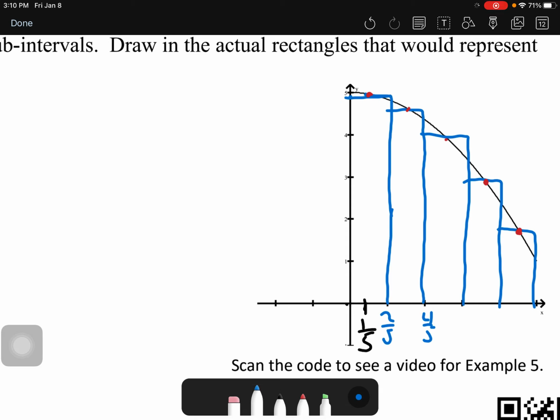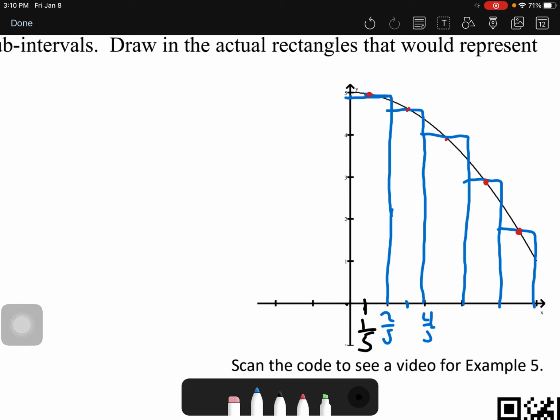So when I draw these rectangles, I want to make the height of my rectangle as high as the middle of those two, right in the middle of the rectangle is where it connects with the curve. That's the way I tried to draw them, so the middle of the rectangle connects with the actual curve. And that's going to happen right in between each of these.